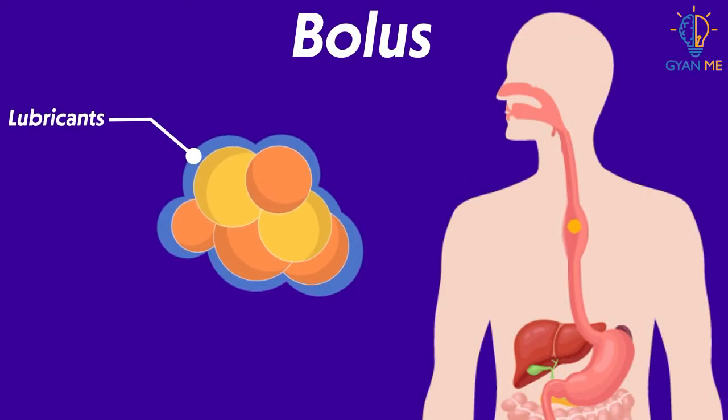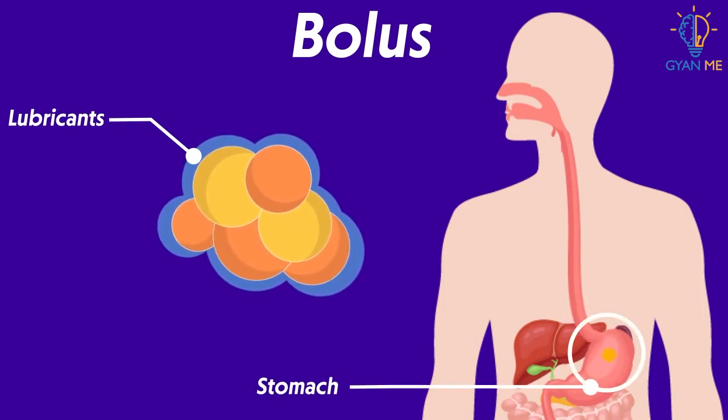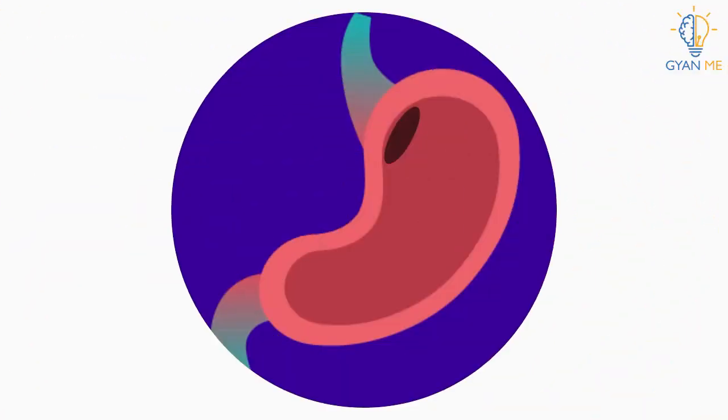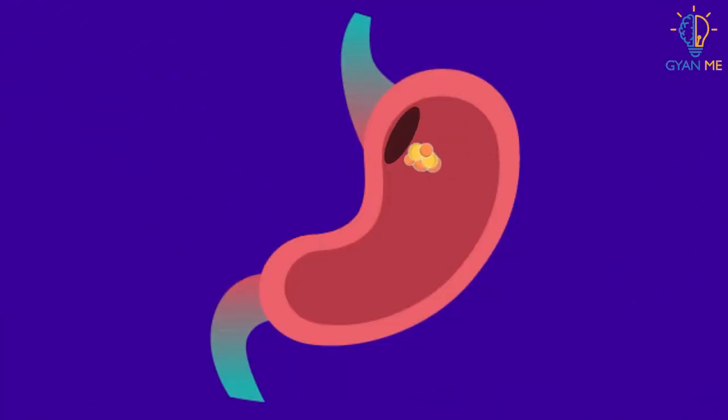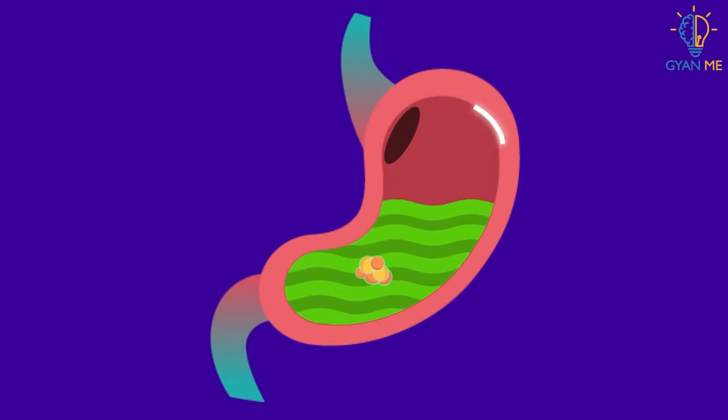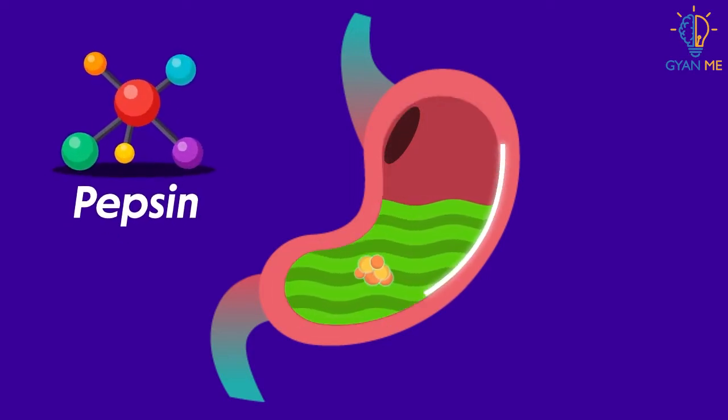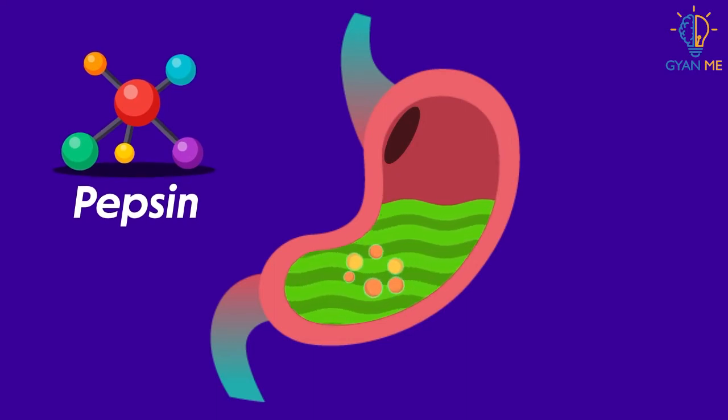Now students, recall that lubricated partially digested food in the mouth is called bolus. The bolus passes into the stomach via the esophagus. So let us see digestion in the stomach. The semi-solid food after salivary digestion reaches the stomach, where it comes in contact with gastric juice secreted by the inner wall of the stomach. The most important enzyme of gastric juice is pepsin, which digests proteins.